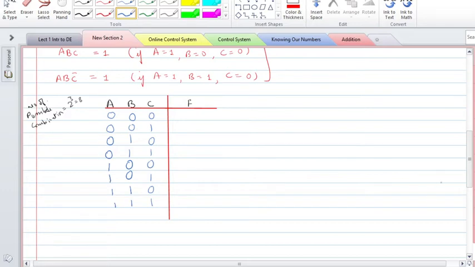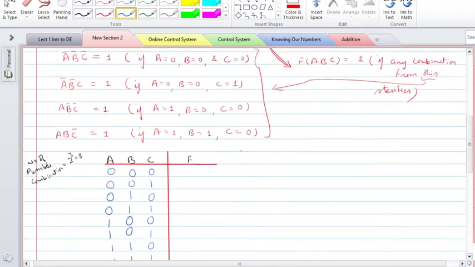Now the output function will be 1 if A equals 0, B equals 0, C equals 0 for min term 1. It means at this position. Second, the function will be 1 if A equals 0, B equals 0, C equals 1. It means this one.